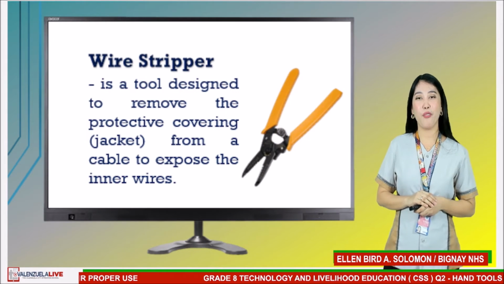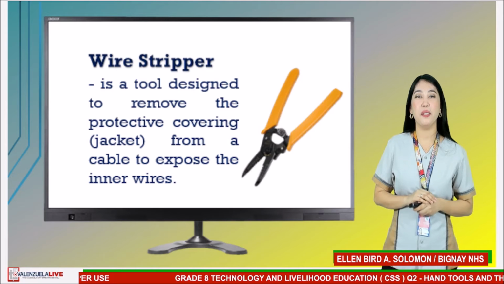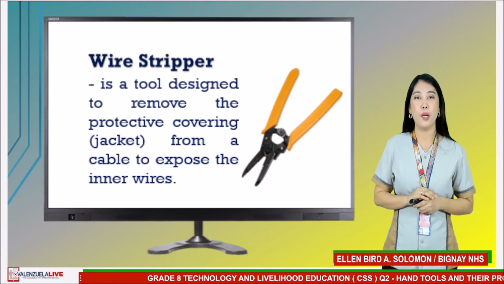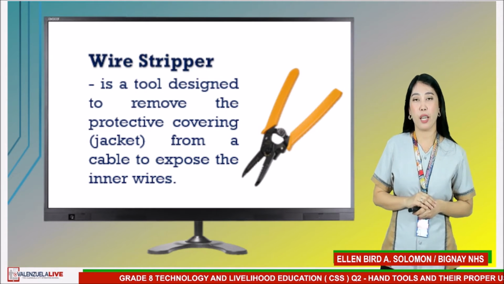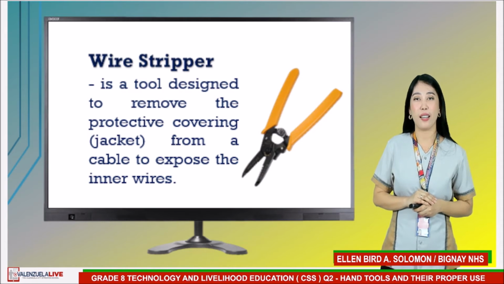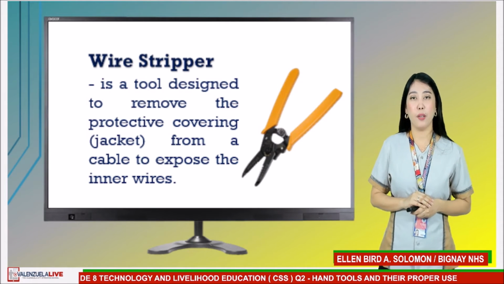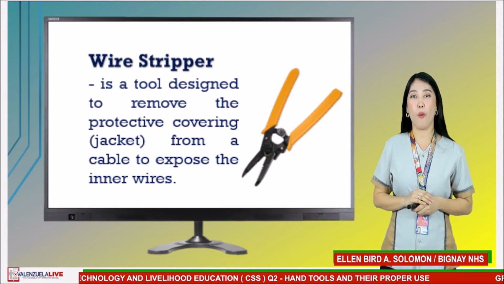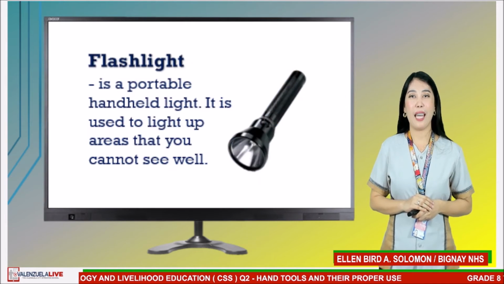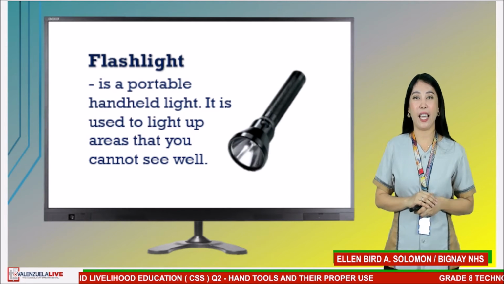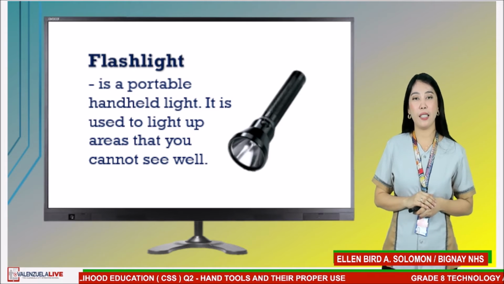We also have the wire stripper, a tool used to remove the protective covering or the jacket from a cable to expose the inner wires. And lastly, a flashlight is a portable handheld light.